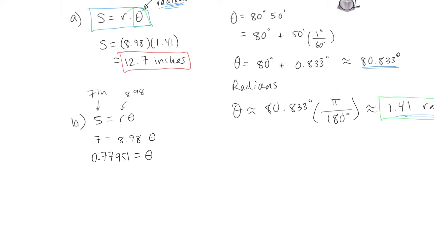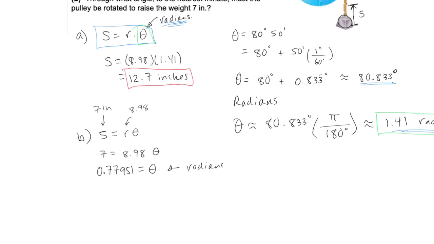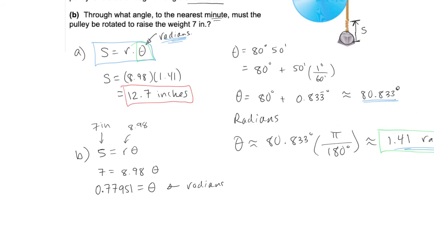So now this is in radians, and because this asked me to the nearest minute, the first thing I'm going to do is convert from radians to degrees. Okay, so here we go. We've got 0.77951 radians.